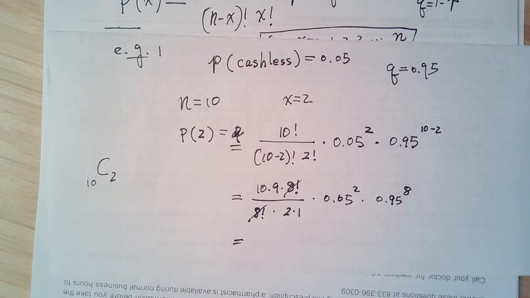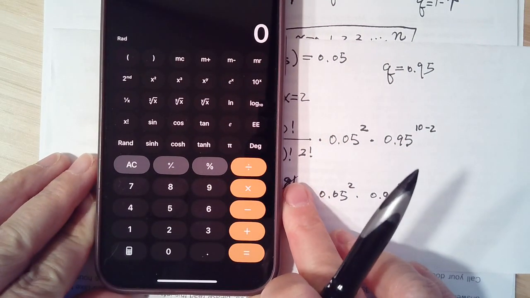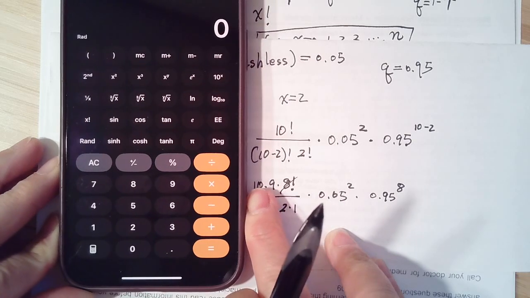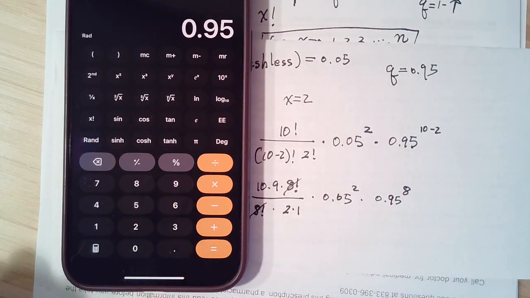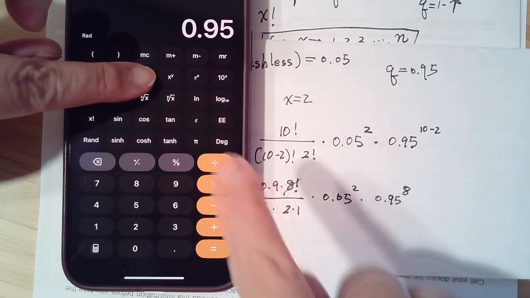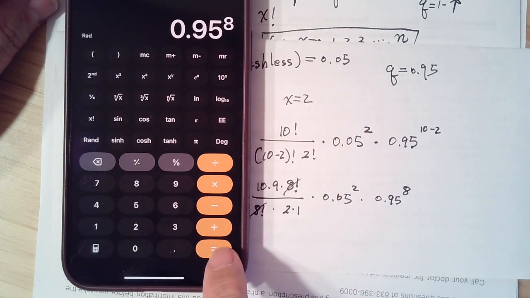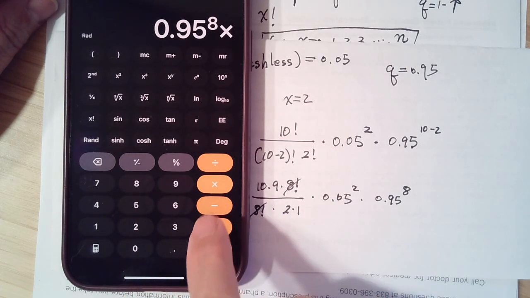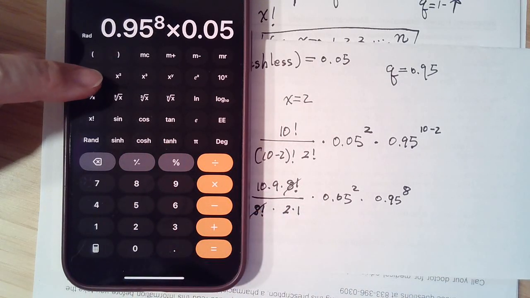Okay, I'm going to use my calculator to show you how to do that. I start from this one: 0.95 to the 8th power. You see this x to the y here? You click that, and then 8. All right, and then you multiply by 0.05 squared, and this one is easy because you have the square.